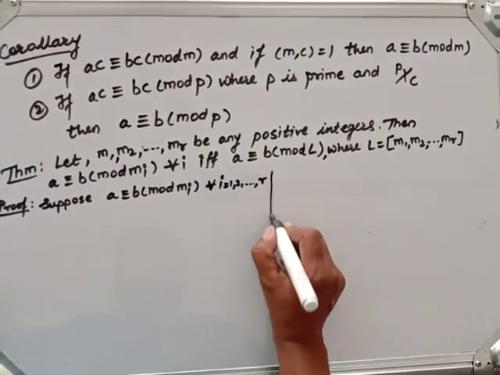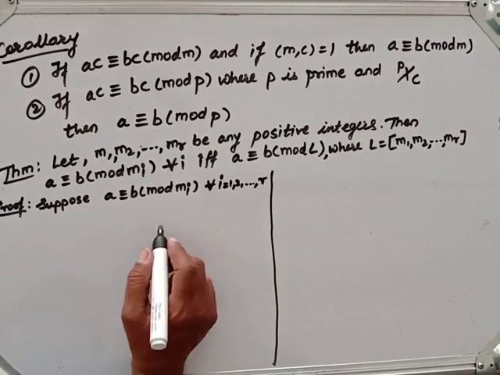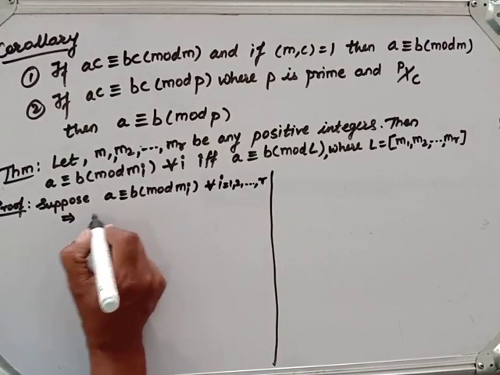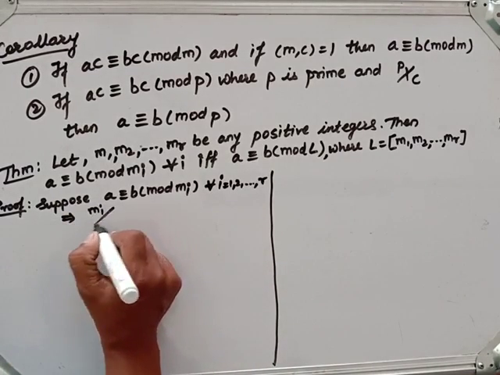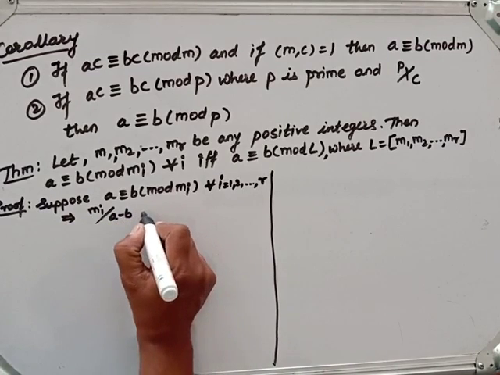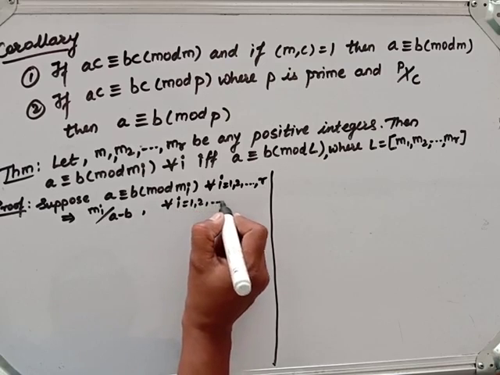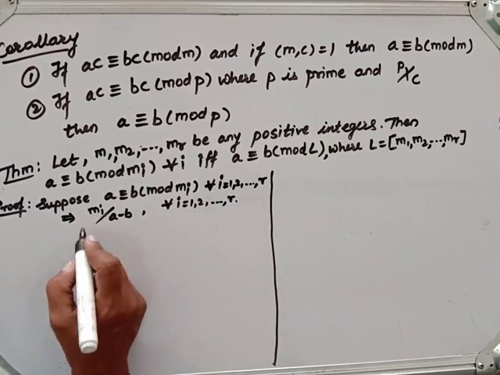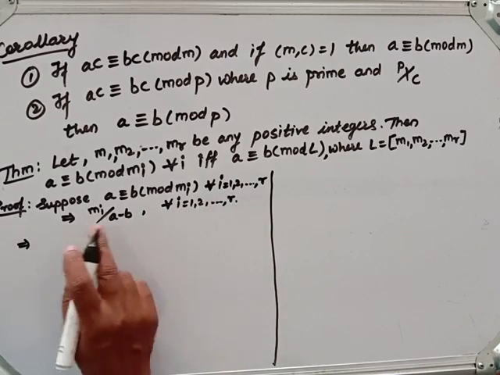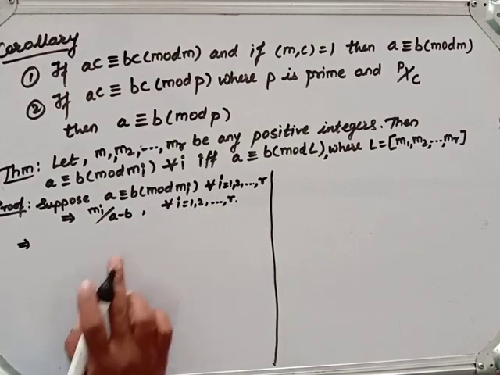Okay. Now, if this is the case, then by definition of divisibility, mi divides A minus B, for all i from 1 to R. Okay. Now, what does this show?